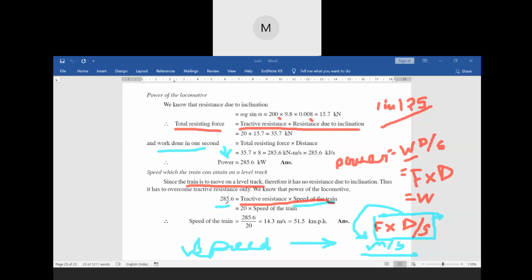Simple. Got it? So we find the speed of the train in this manner. If the train is on a plane, it will have to travel at 51.5 kilometer per hour. Now this is how we will be solving this.